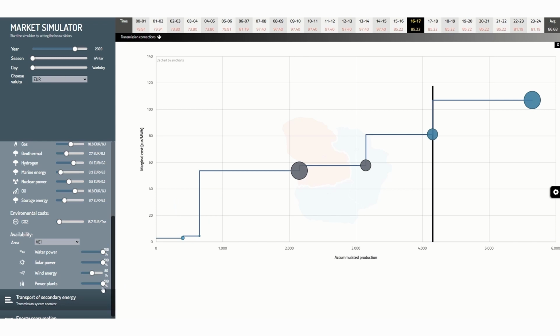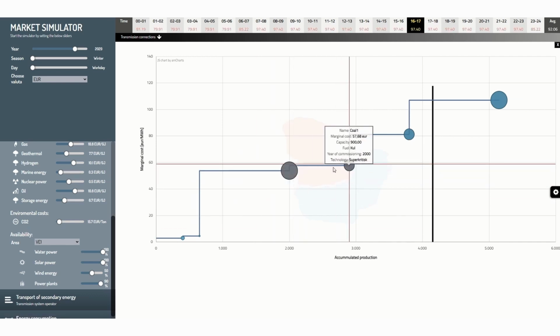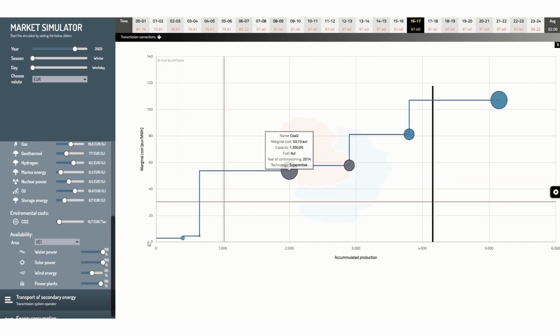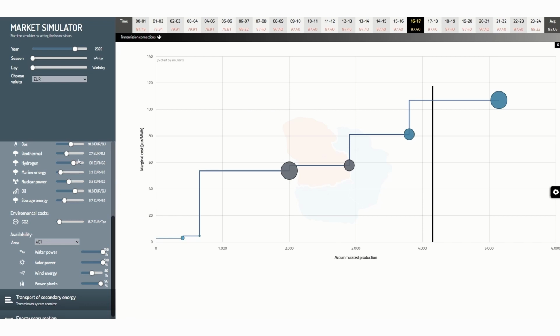I can also say that the power plants here have only an availability of 90%, then their capacity will also be reduced. The supply curve can be changed by changing the fuel prices and the availability of the different power units.